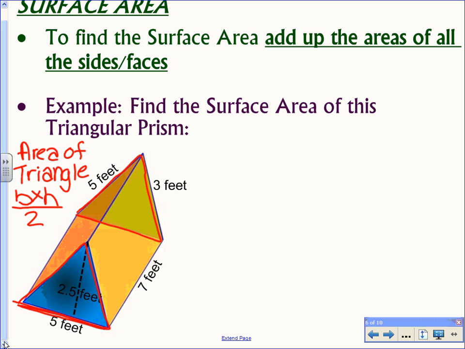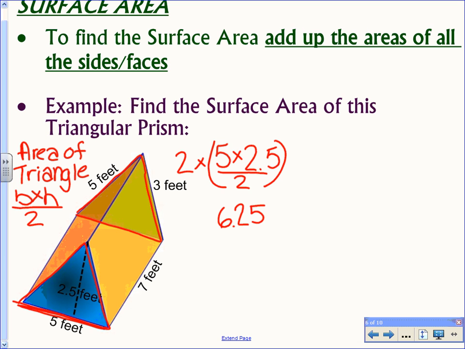For this problem, that would be 5 times 2.5 divided by 2. And I'm going to multiply that by 2 because I know I have 2 triangles, the one in front and the one in the back. 2.5 times 5 is 12.5, divided by 2 is 6.25, or 6 and 1/4. And then when I multiply that by 2, I get 12.5, or 12 and a half.